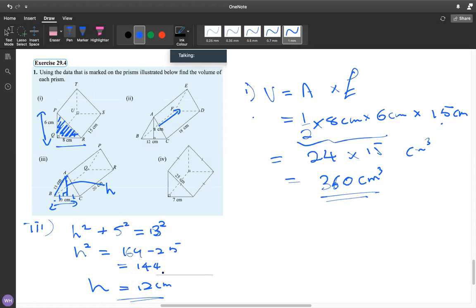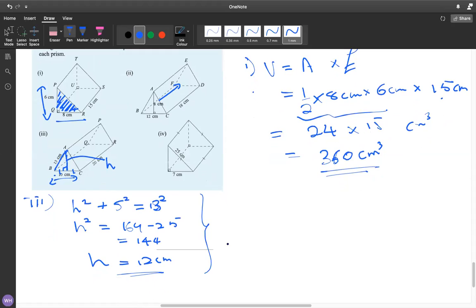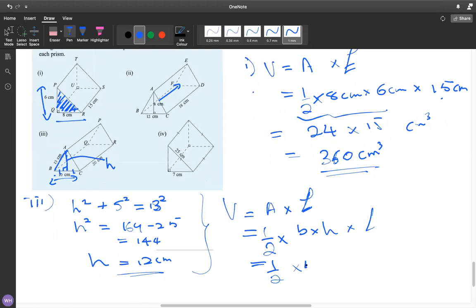Got this value? So now you can apply the volume equation, where cross-sectional area into the length. The cross-section is a triangle over here. So base into perpendicular height into L. So the base of this one is 10 and h of this one is 12 and L is 20, no? Yeah, you can simplify this one, okay?